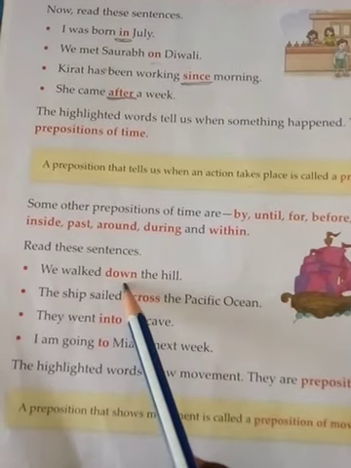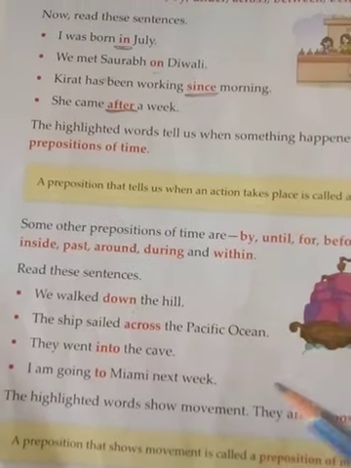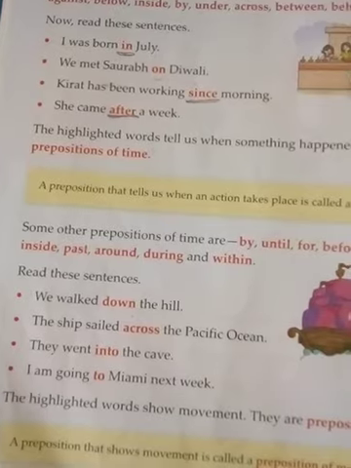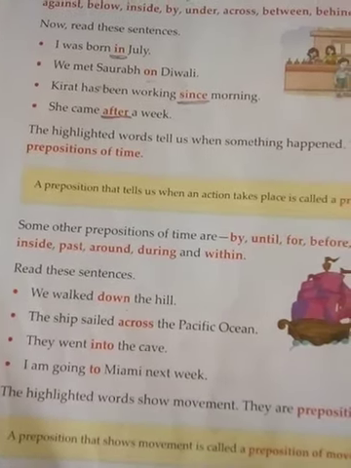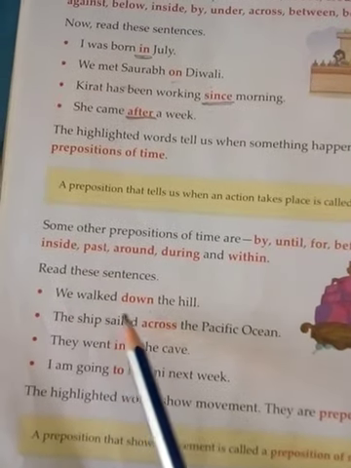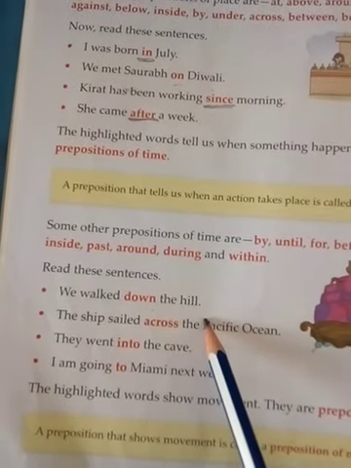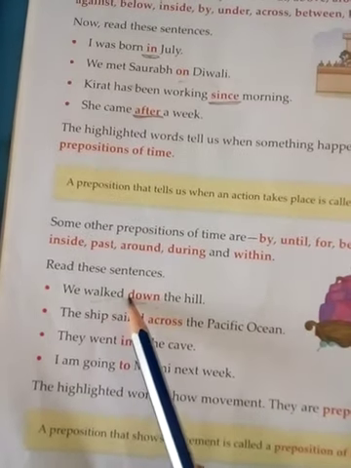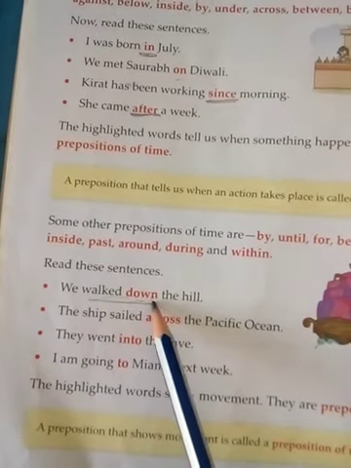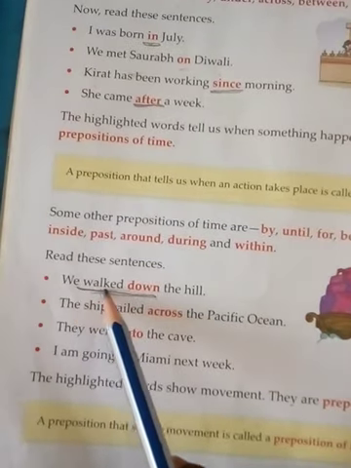Here the word down means we are walking down. Walk down means we are continuing walking. We walk down the hill is a preposition of movement. The word down with the word walking together show the movement.